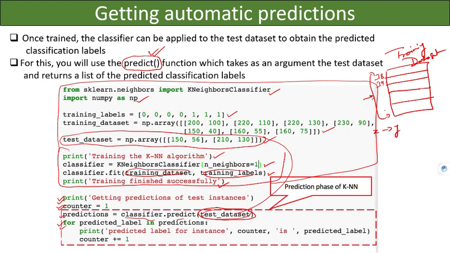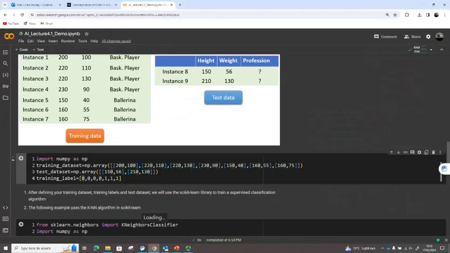So for predict_label, predict the label, the class label, in prediction, simply print the predicted label name, and the counter will keep on running. This is how you can write the code for prediction.